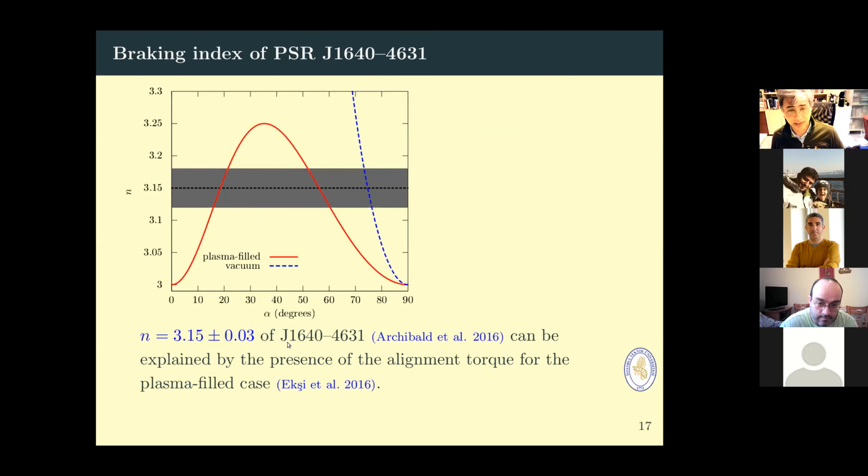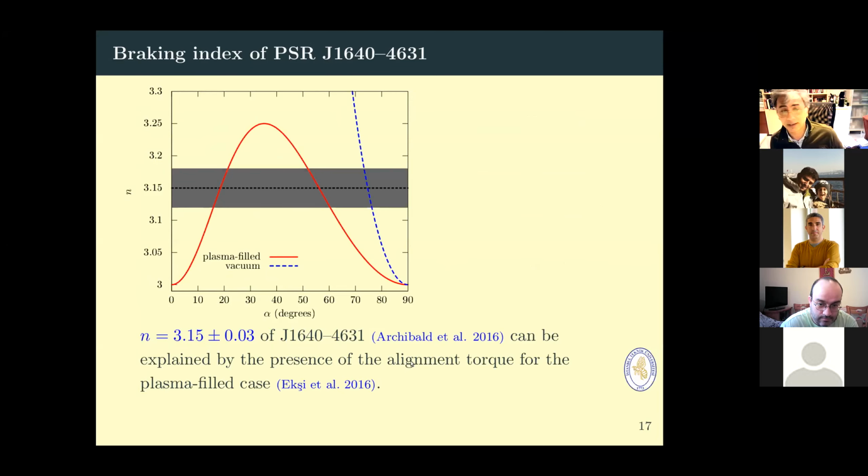And in 2016, there was a finding that the braking index of this pulsar J1640 is slightly greater than 3, and this found a natural explanation in the presence of these alignment torques in the plasma-filled case.